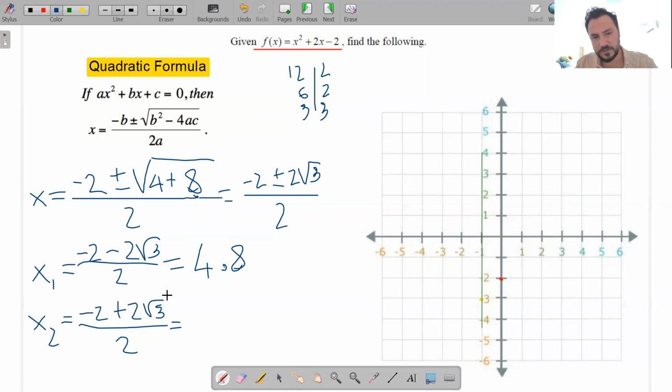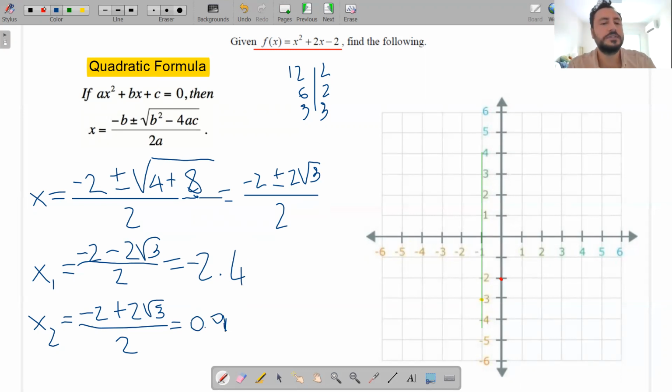I'm sorry, it's not 4.8. This is 2.4, and that's going to be negative, and that's going to be 0.9.